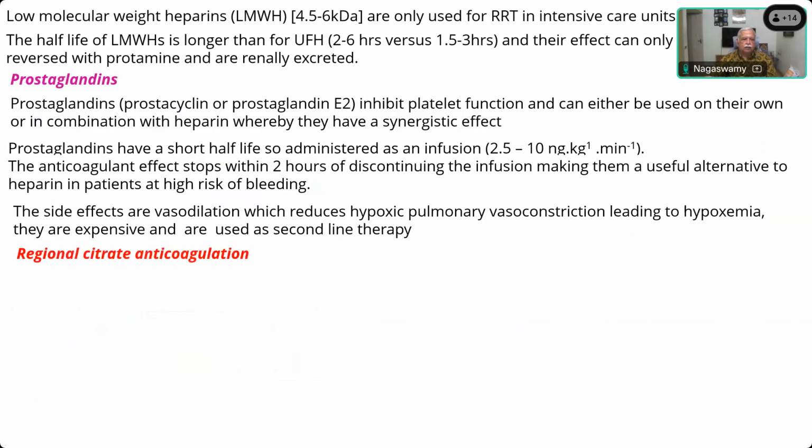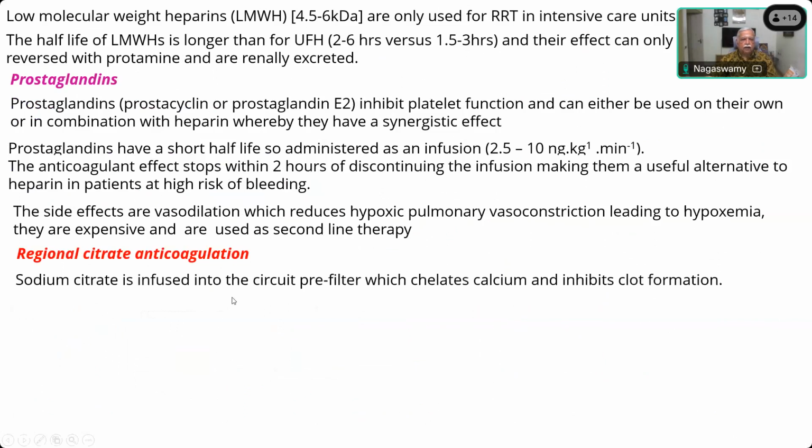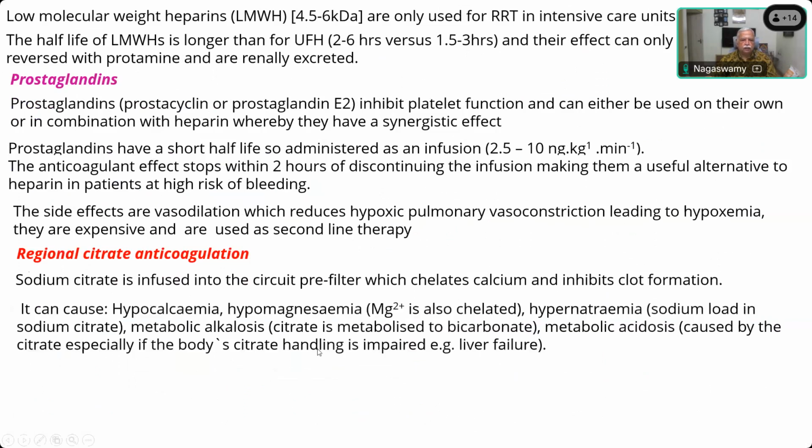The last method is regional citrate anticoagulation, where sodium citrate, which we normally use for keeping the blood in an anticoagulated state when you collect blood from blood donors for transfusion, is used. The same can be infused in the circuit before the filter, and it chelates the calcium and inhibits clot formation.